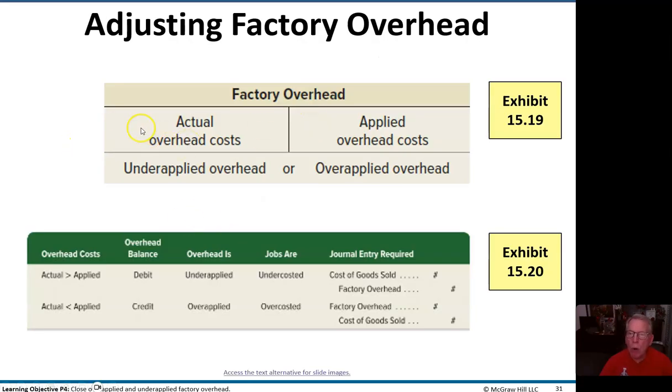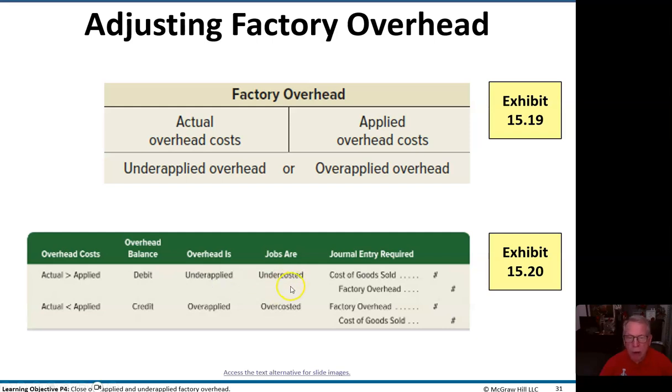The actual overhead costs and the applied overhead cost. If we don't apply enough, it's under applied. If we apply too much, it's over applied. So in the case where our actual is greater than what we apply, the overhead balance is going to be a debit, and the overhead is under applied.